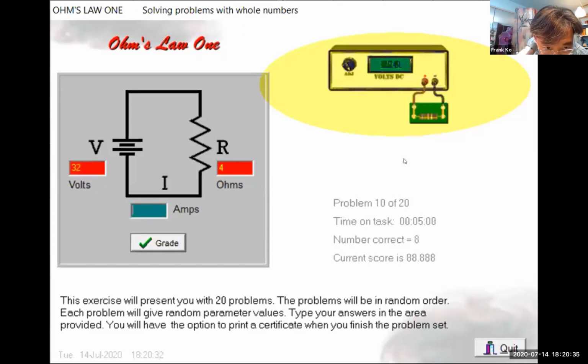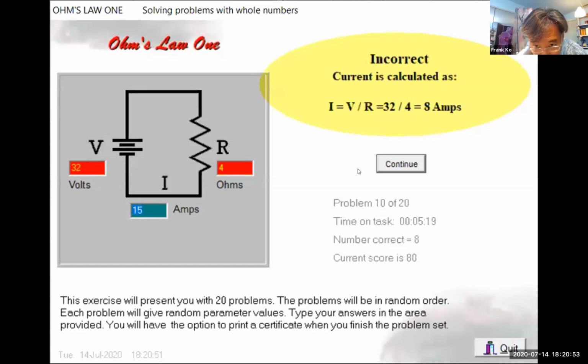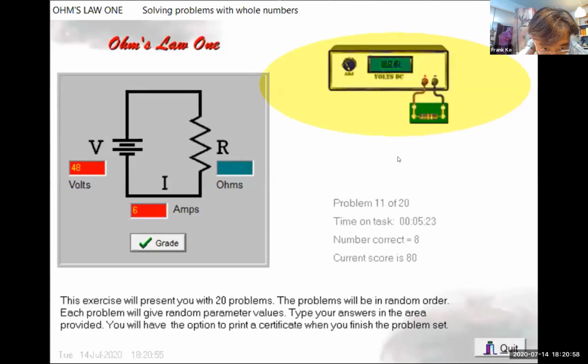Okay. Next, 32 volts at 4 ohms. Question goes to Javier. What is my amps if I got 32 volts at 4 ohms? 8 amps. Okay, I'm going to type in 15, some really wild number. Definitely incorrect, and it tells us we should have 8 amps. The next one, we have 48 volts at 6 amps.